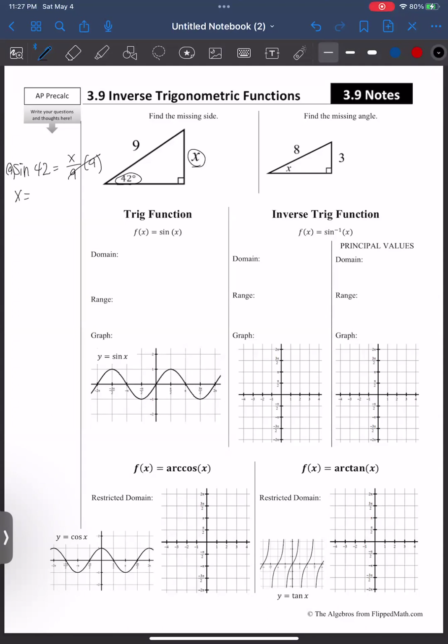So I have sine of 42 times 9. That gives me that x is about 6.02.